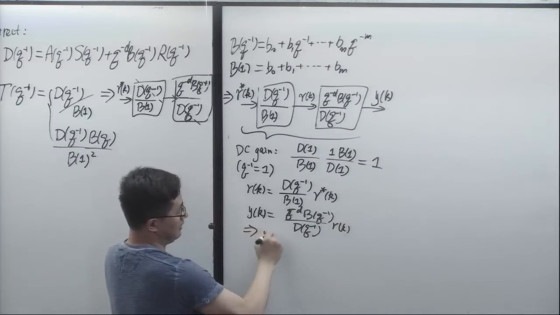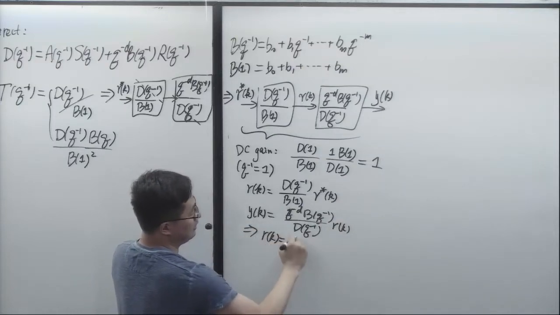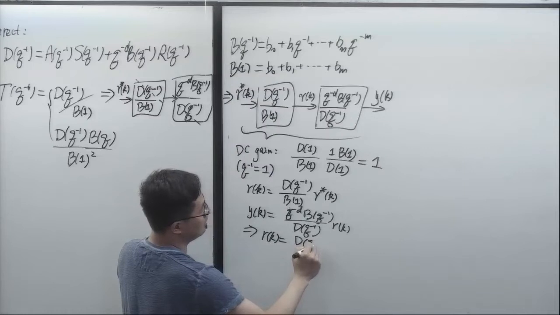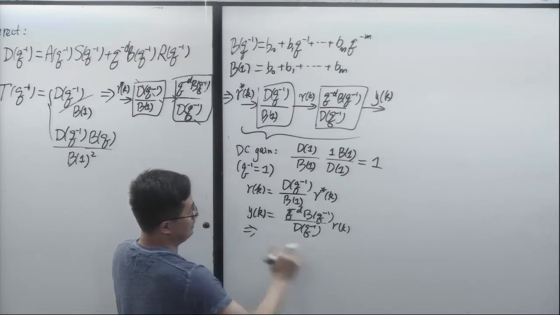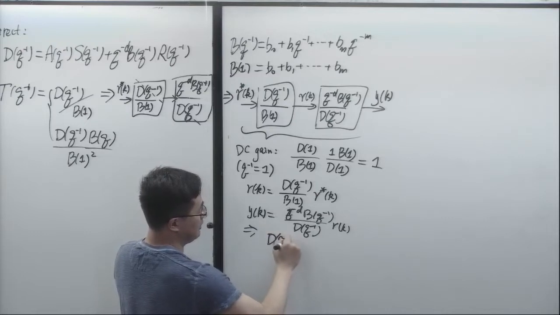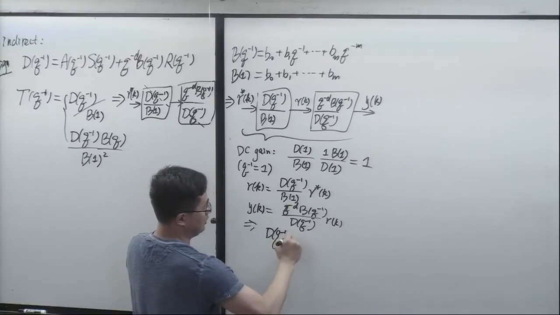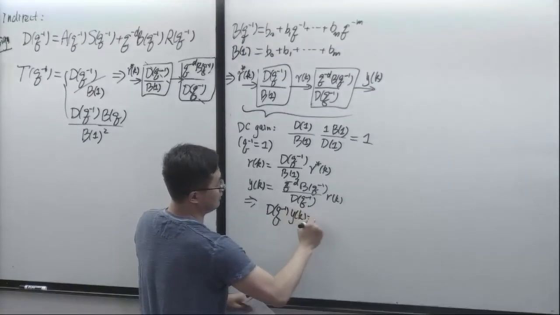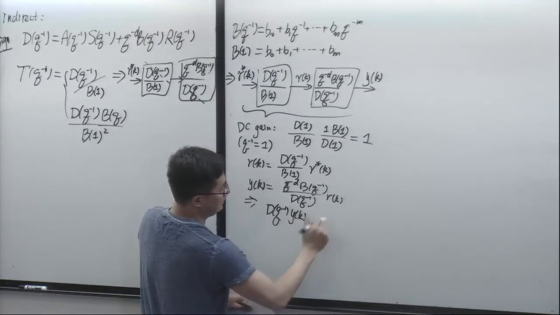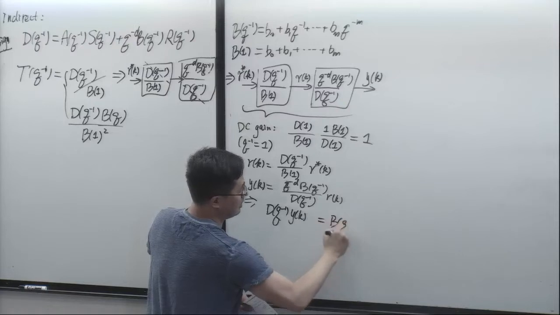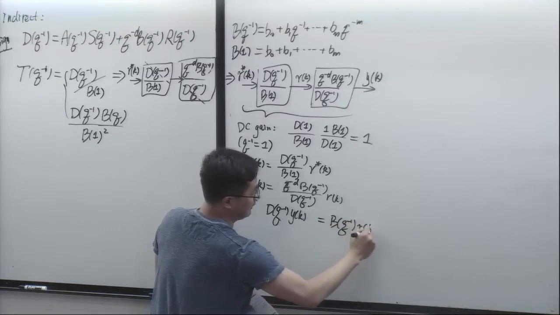So RK is therefore DQ inverse, and YK is equal to BQ inverse RK.